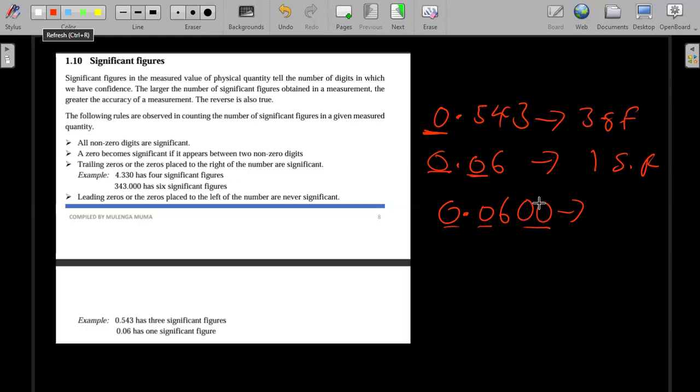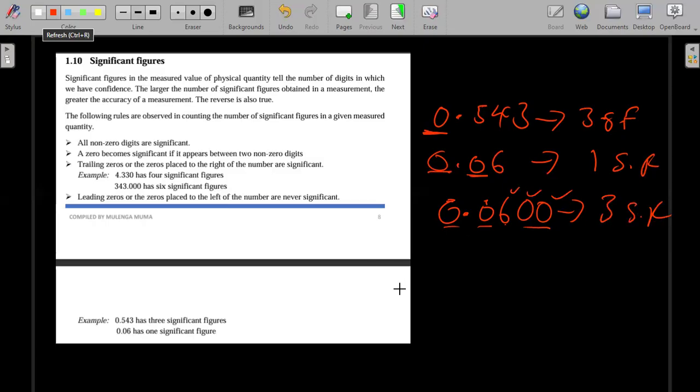The trailing zeros are after a decimal point, so they are going to be significant, but the leading zeros are not going to be significant. So you're going to have 3 significant figures in that case.